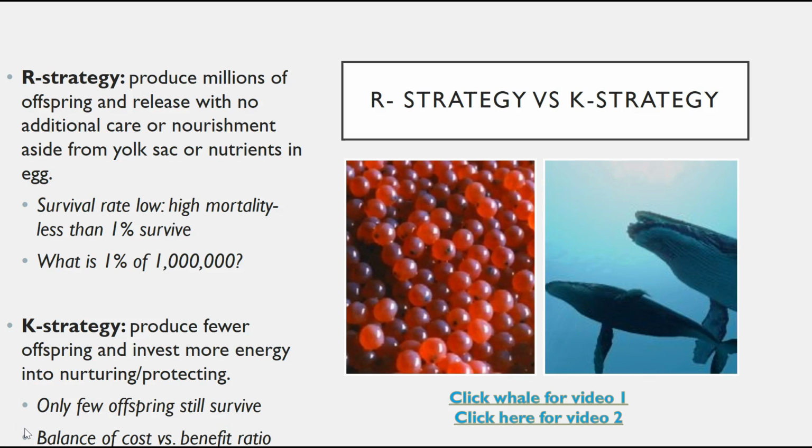And sometimes that protection can last for years after the fertilization event occurs. So typically they still only have a few offspring survive to adulthood, but it's a large percentage of their initial offspring compared to that of R strategy. So there's costs and benefits to both. It just depends on the organism.